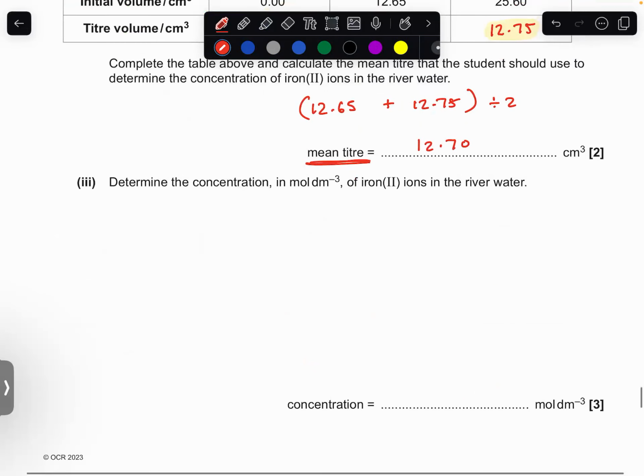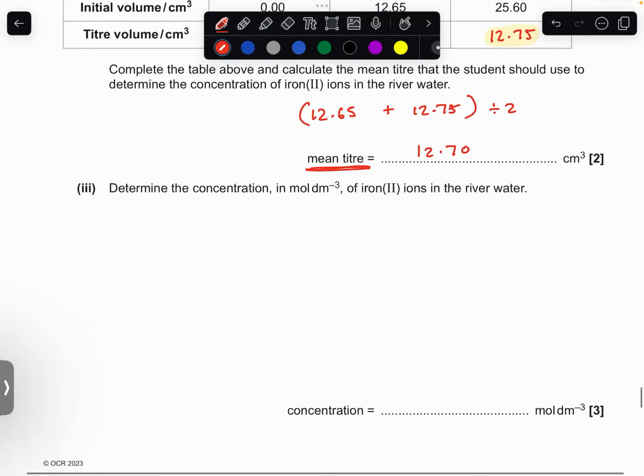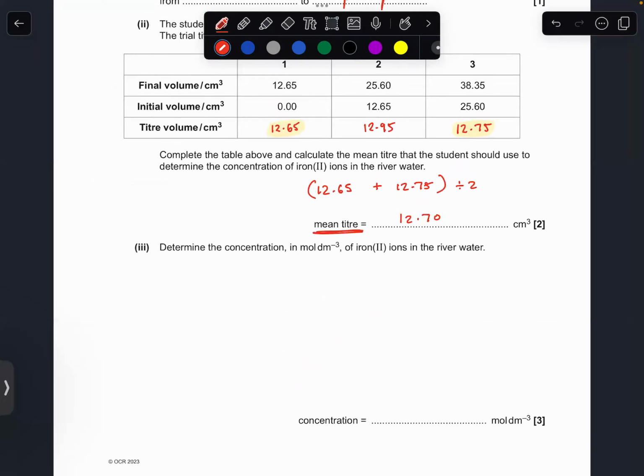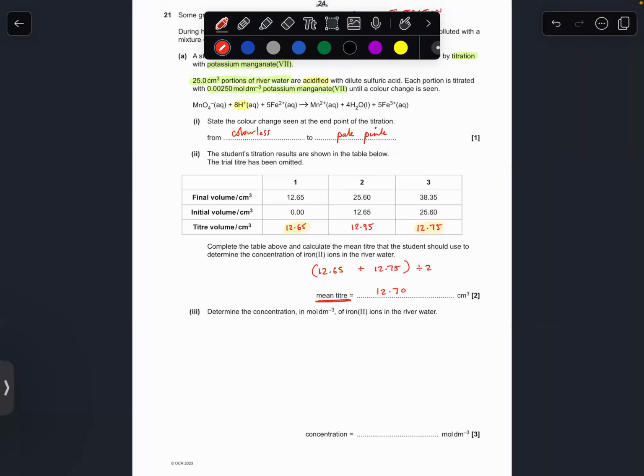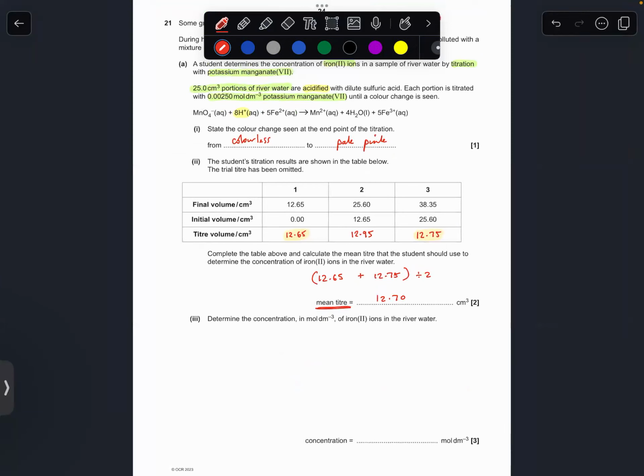It's now asking, determine the concentration of the iron 2 ions in the river water. So we're going to need to take a bit of information from here. The mean titre that we use, so we need to work out the moles of MnO4 minus that was used. So remember, V times C equals the number of moles.